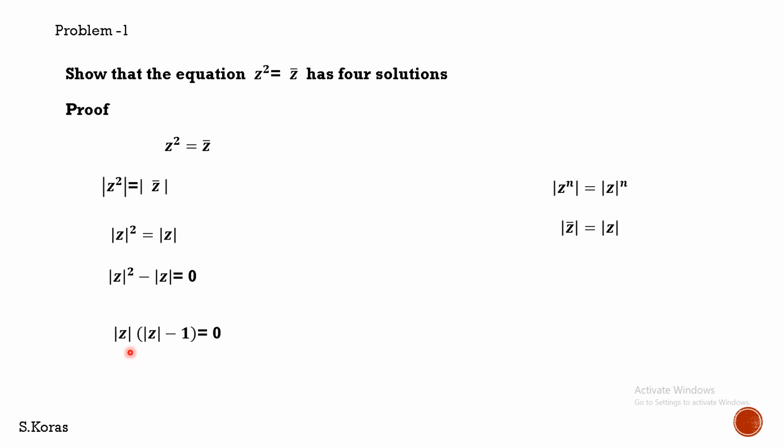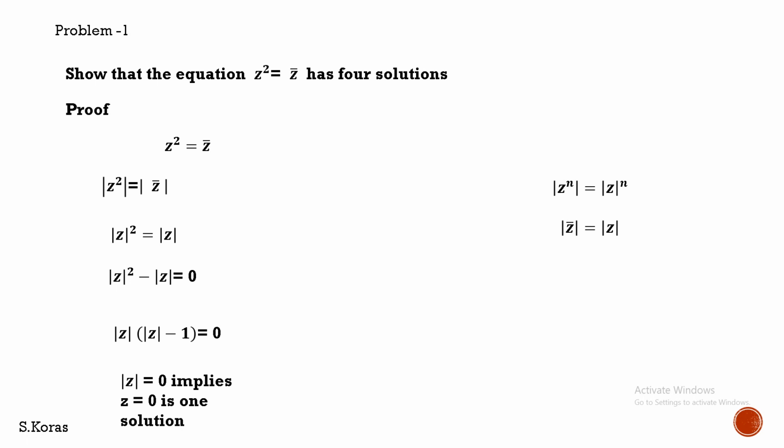So if modulus of z is equal to 0, then it automatically indicates that z is nothing but 0 plus 0i. So in the first case, it gives us the solution z is equal to 0. So here we received one solution.